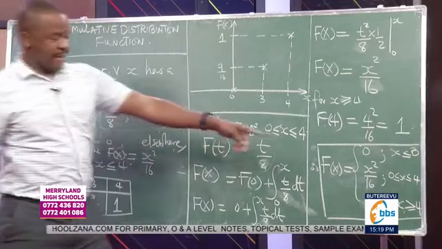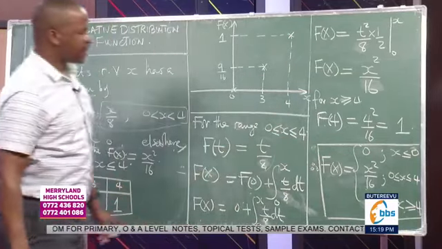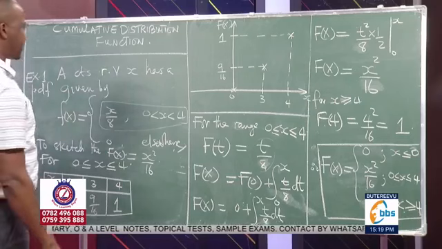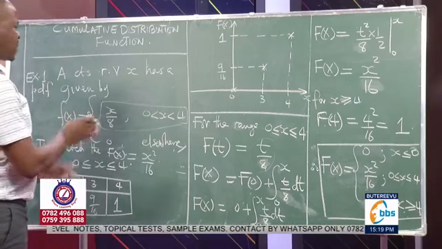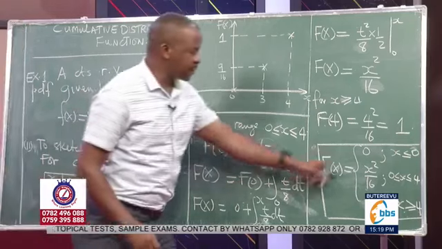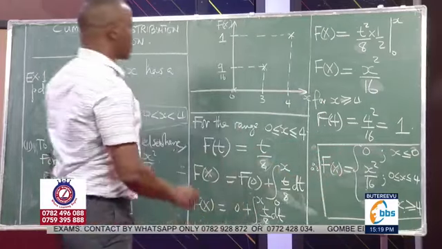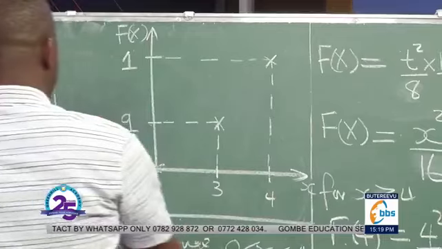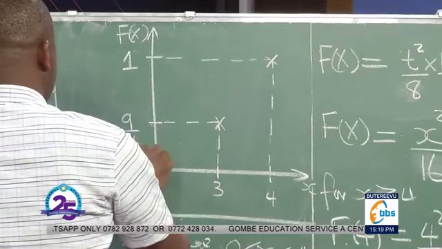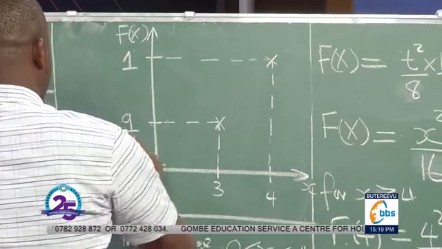As you can see here, my distribution function has 3 parts. It has the part where f of x is 0, f of x is this, and f of x is 1. So at this point, I have my f of x as 0, as you're aware we must label.